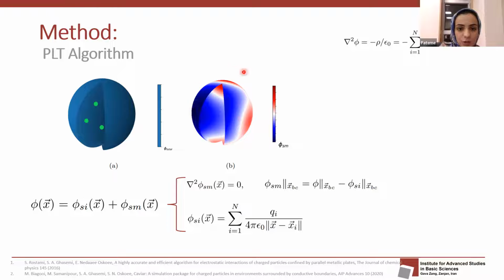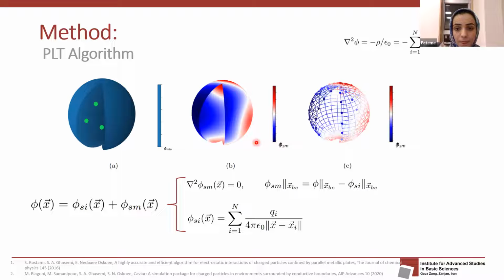So the smooth potential on our boundary is the potential of the total potential presented on the boundary minus the potential of these charged particles on our boundary. And then in our model, we use only 26 points of this boundary condition as an input.